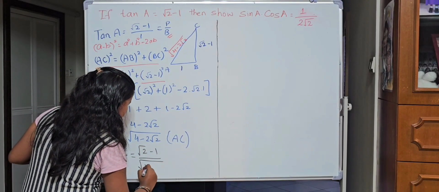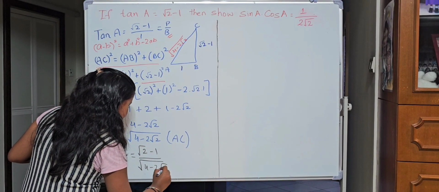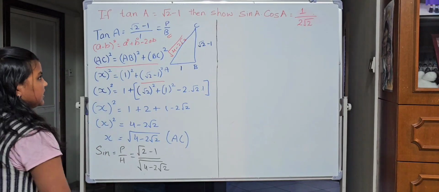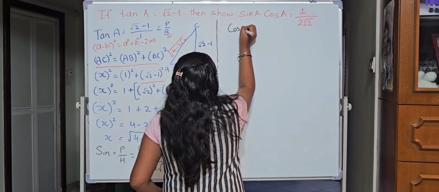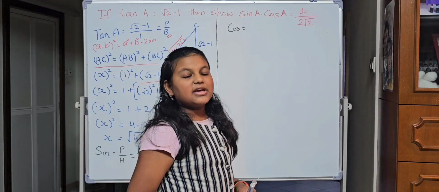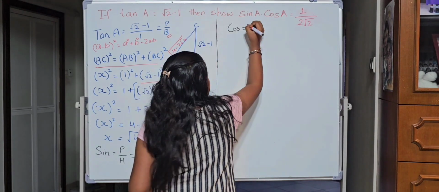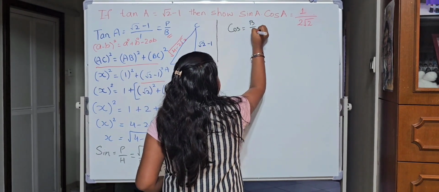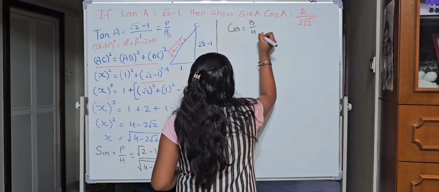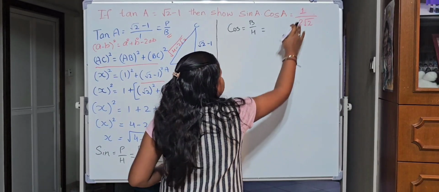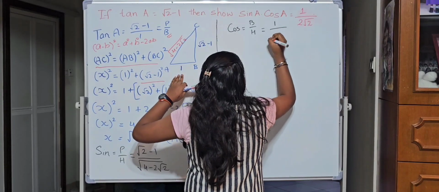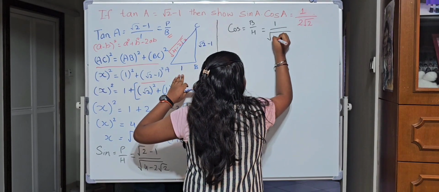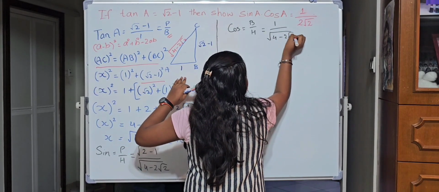Root 4 minus 2 root 2. This is for sine. I'll write for cos there. Cos now. Formula of cos is base by hypotenuse. What is the base? Base is 1. And the hypotenuse? Root 4 minus 2 root 2.